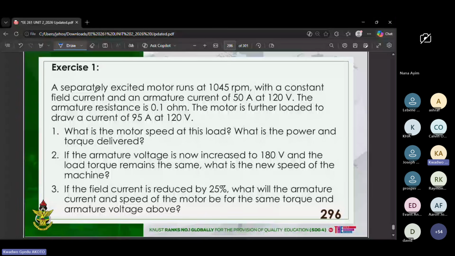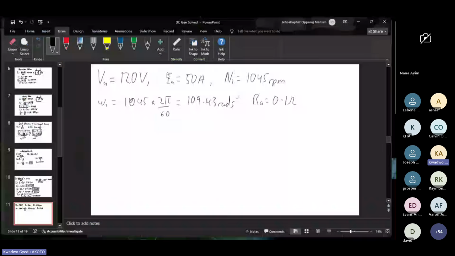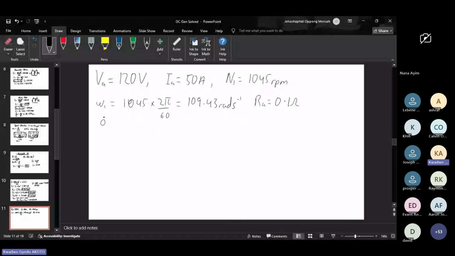Keep in mind, it says a constant field current. What does that mean? Constant field current means that we can take phi to be constant.